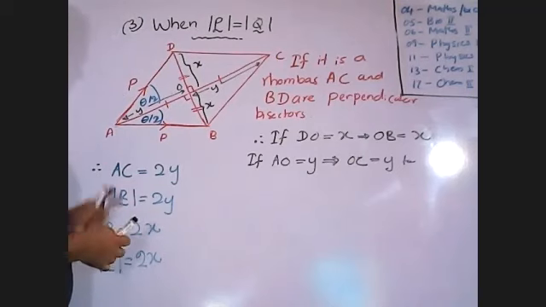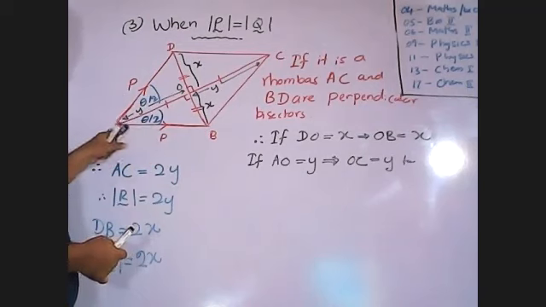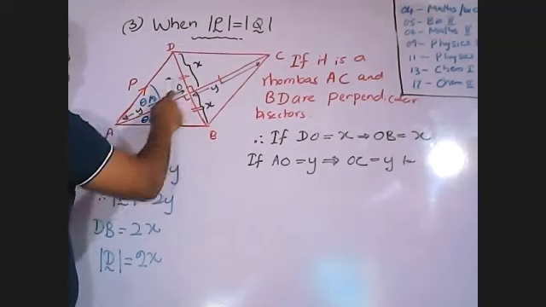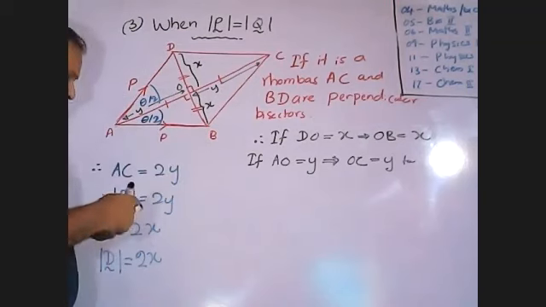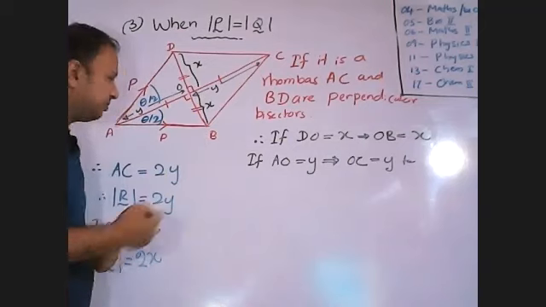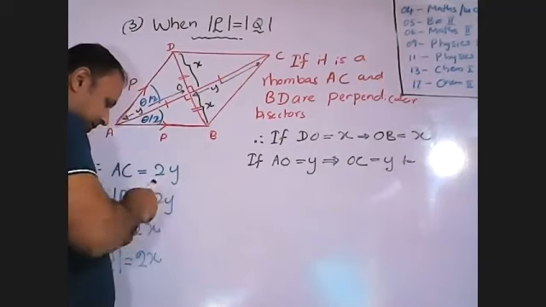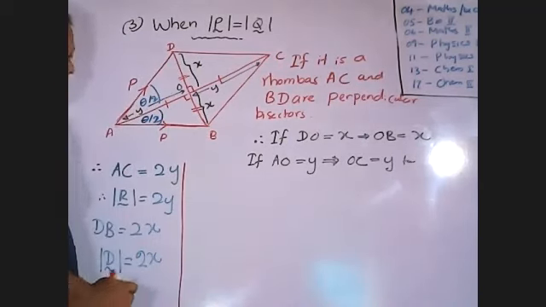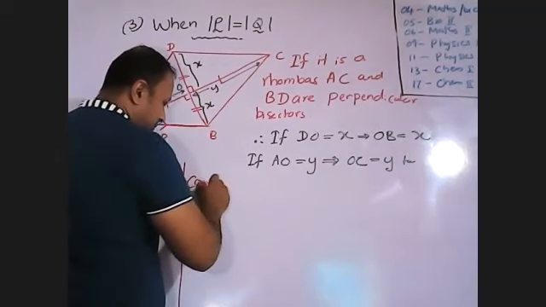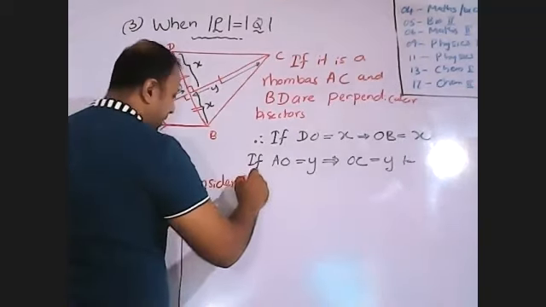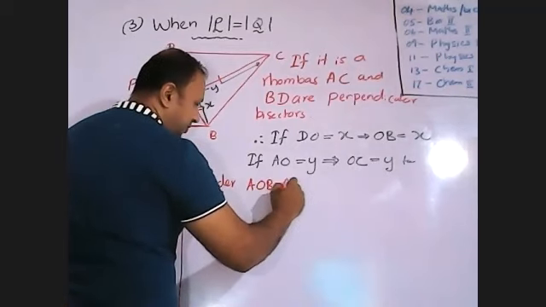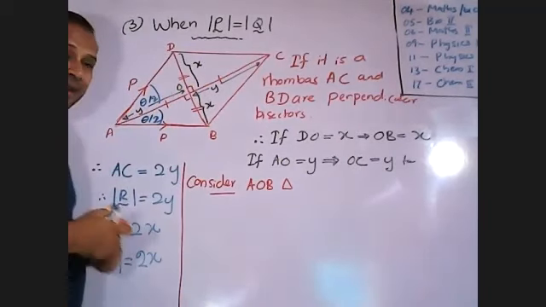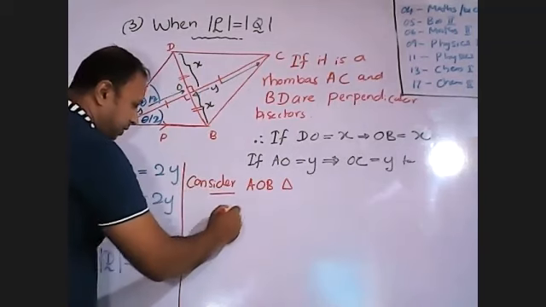Then you can clearly see from this triangle. Look at this. ABO triangle. Look at the AOB triangle. I can extract AOB triangle. The next step is to consider AOB triangle.